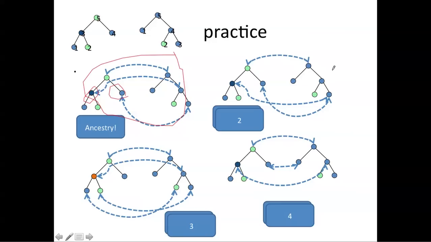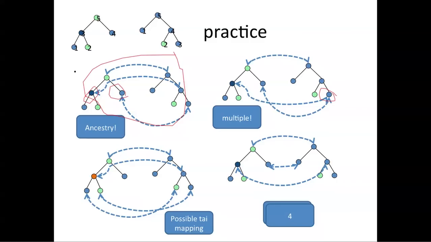Can you guess for the second map? Probably you already guessed it. The answer is no again, because you cannot have one node matched to multiple nodes. Can you guess the third one? Well, the third one is a possible Tai mapping.